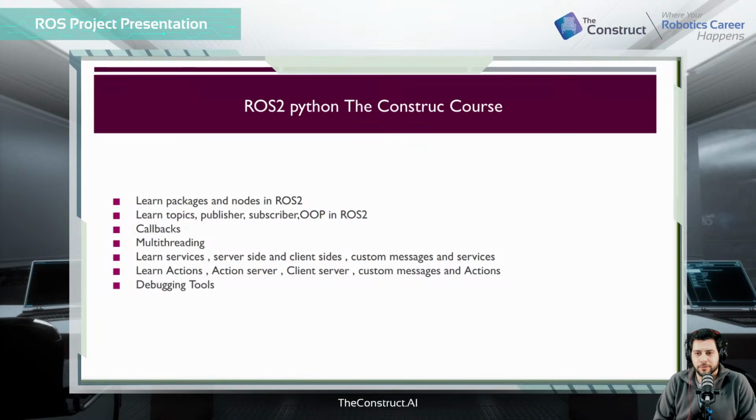And after that, we introduced callbacks and multi-threading for when we want to use publishers, subscribers and services together. Then we learned how to use custom services, and in the next step, action servers and clients, custom messages and custom actions. At the end, we learned debugging tools, ROS and something like Dr. ROS, that is useful for checking your packages.